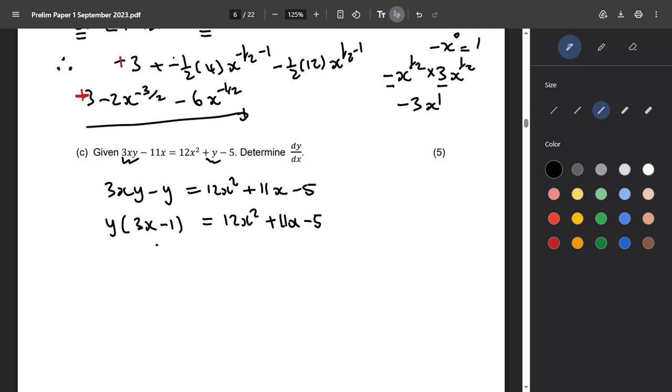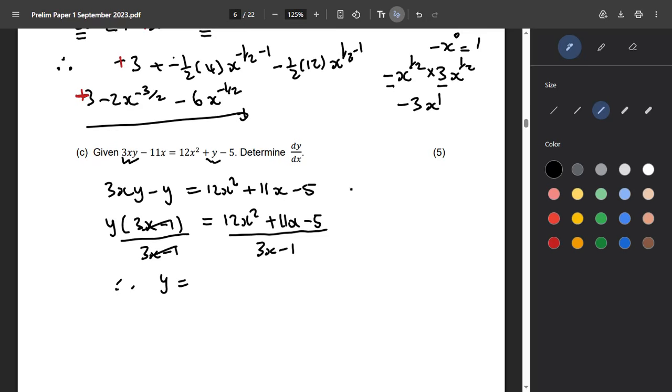What's next? Divide both sides by 3x minus 1. Divide the other side by 3x minus 1. Therefore, these two cancel. Y is equal to, I'm not sure, can we factorize the top part? Can we factorize it?